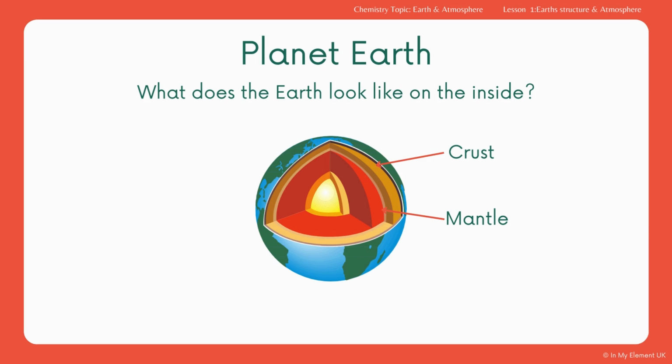But it doesn't flow fast. It's not like a gushing of water. It's very, very thick and slow. And then the final part that you need to know about is the core. That's right in the centre of the Earth. And that's believed to be made up of two elements, one being iron and the other being nickel.